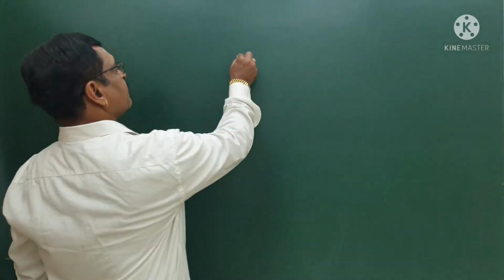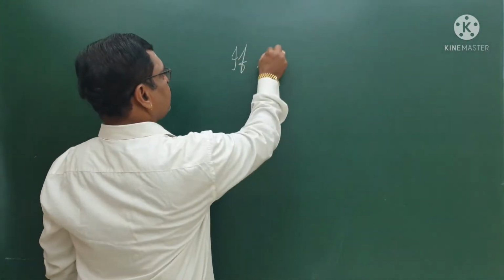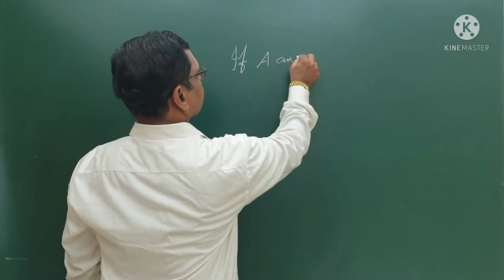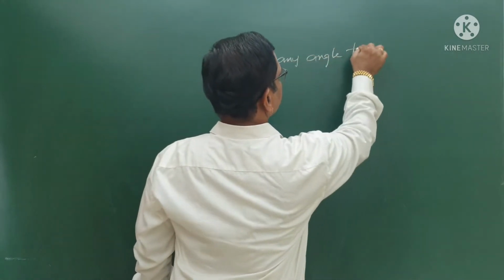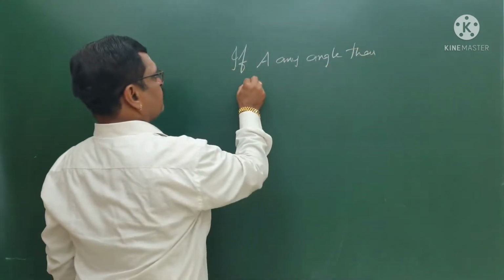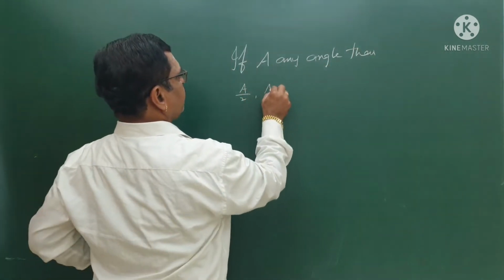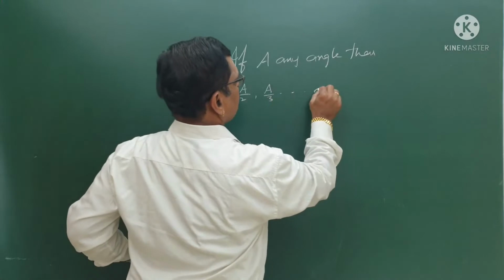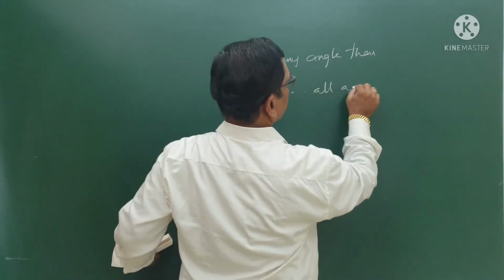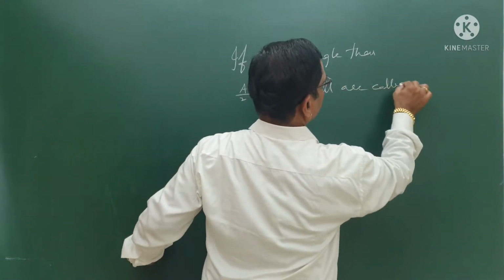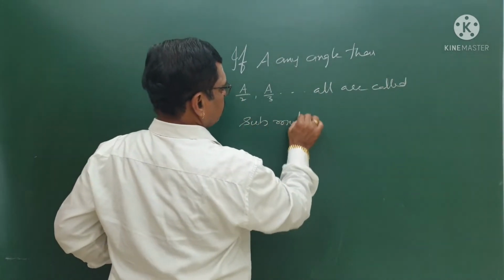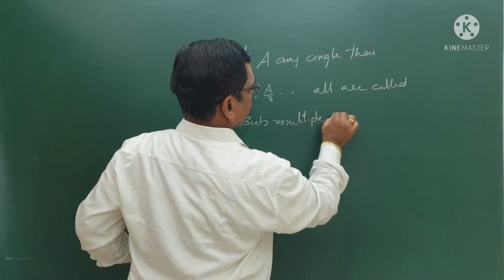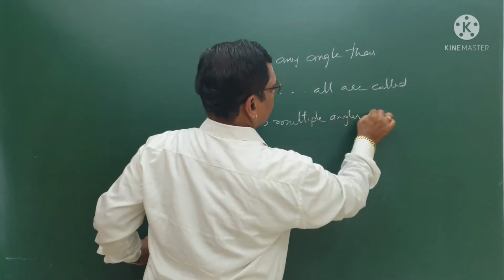If A is any angle, then A by 2, A by 3 and so on, all are called submultiple angles of A.